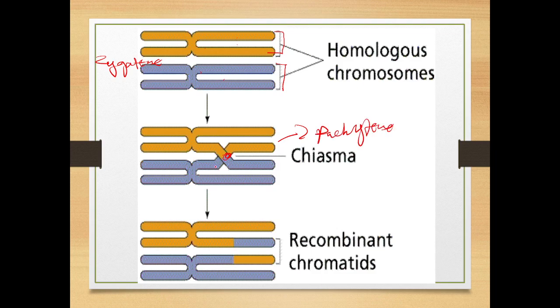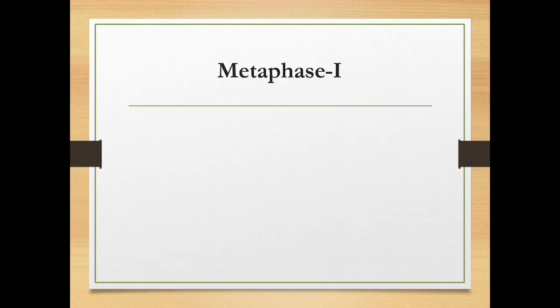There they'll do some exchange of genetics, and these are non-sister chromatids. Non-sister chromatids are the ones exchanging the genetic information. After the exchange, you can expect some genetic variation, and at this particular point they have separated, which is diakinesis.